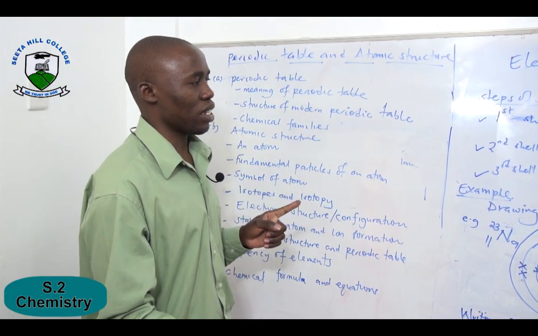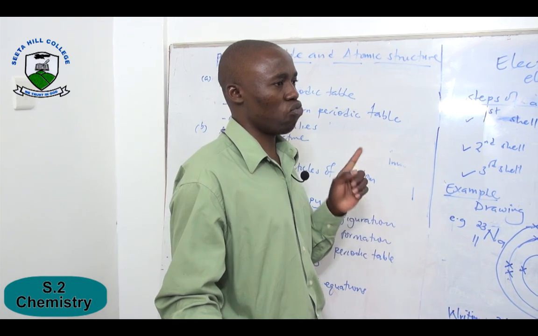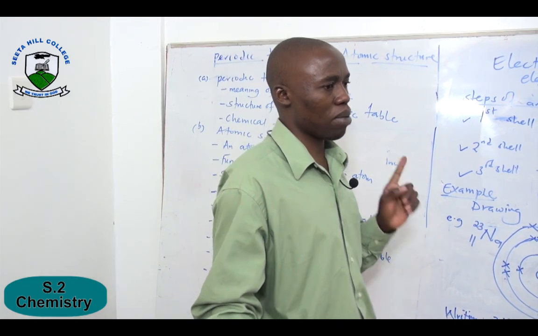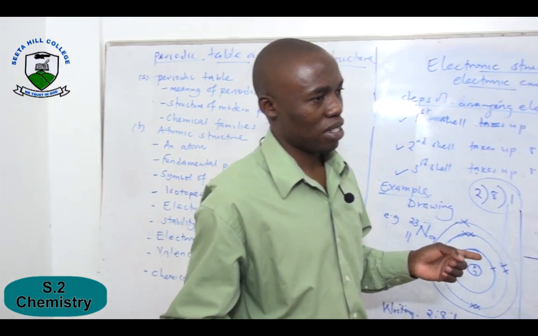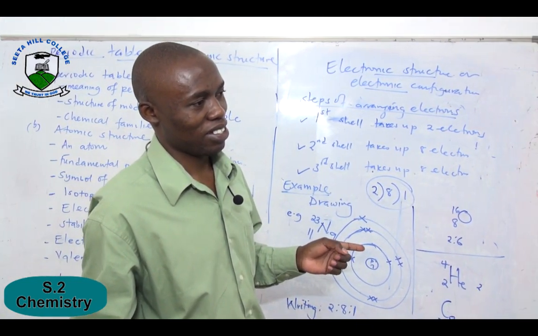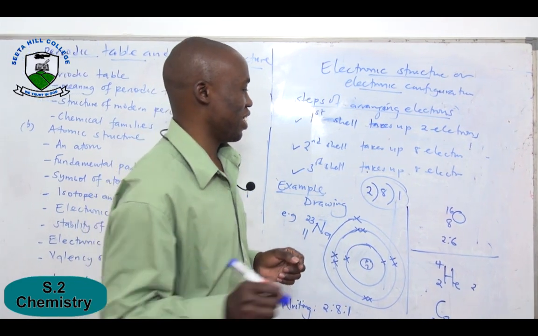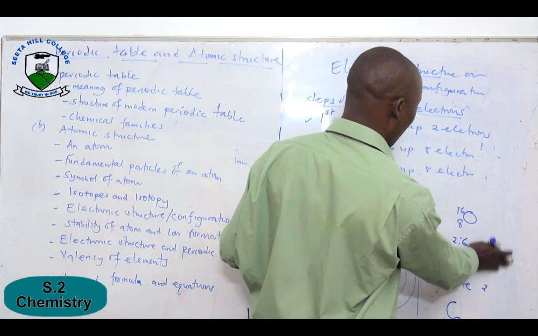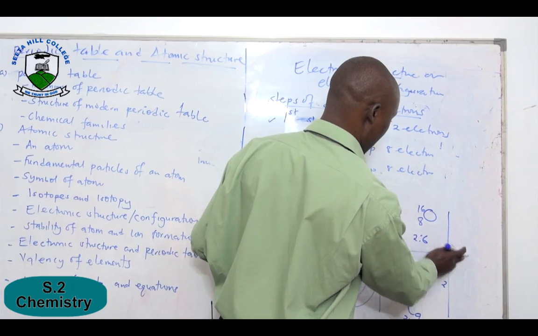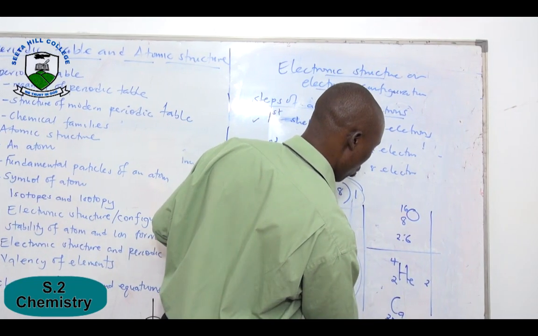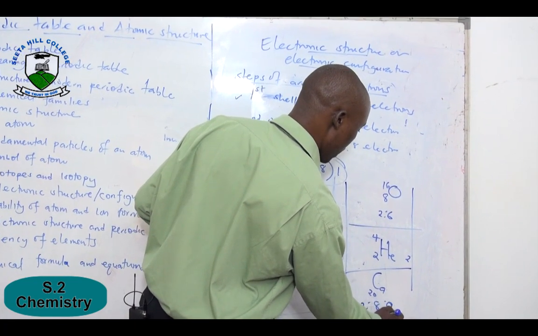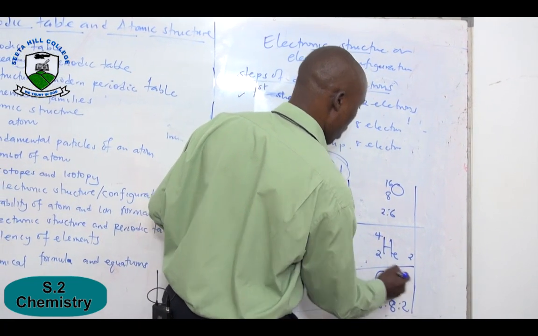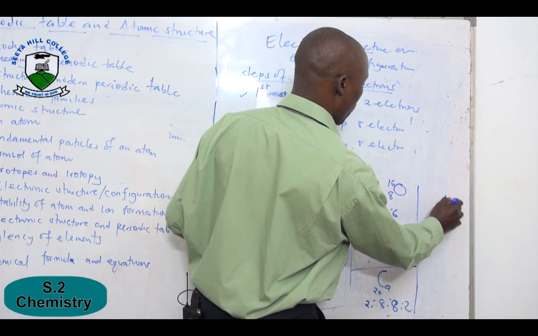I was saying to be stable is to be fully filled with the maximum that you can have. You must be following these statements, because here you say 2, 8, 8, 2. Now, what if you were writing for neon?